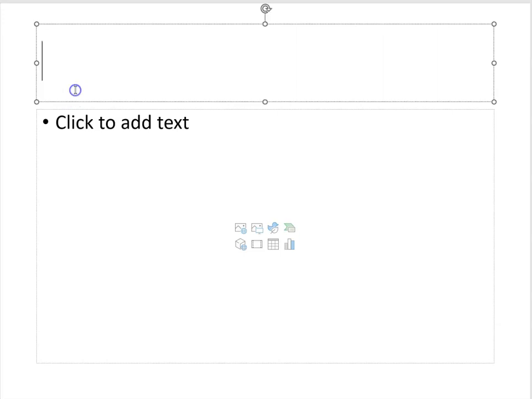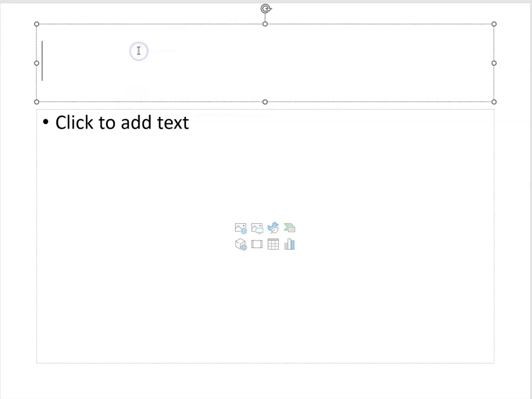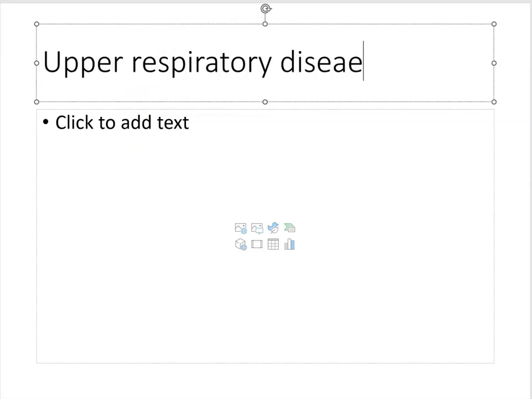Next I want to talk about, well, let's see. Upper respiratory diseases. Upper respiratory viral diseases, because that's the whole thing.